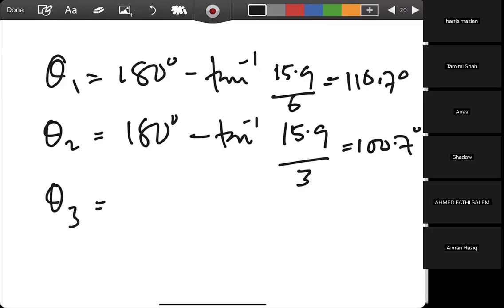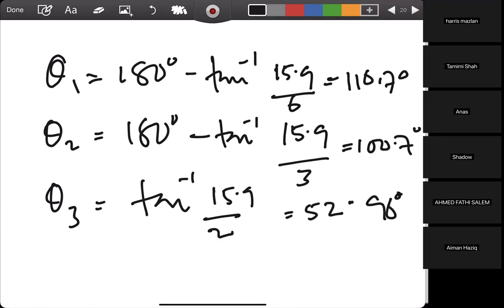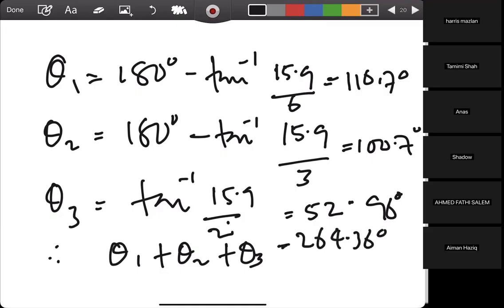Theta 3 is arctangent. So therefore theta 1 plus theta 2 plus theta 3 equal to 264.36 degrees.